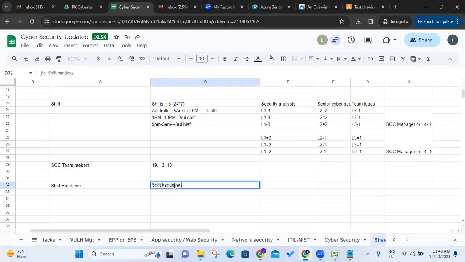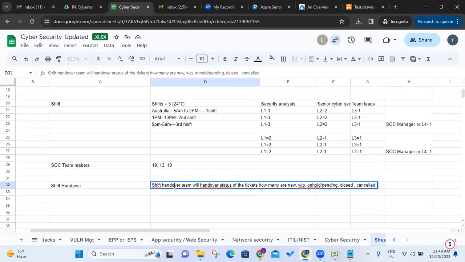The shift handover team will hand over the status of the tickets: how many are new, work in progress, on hold or pending, closed, cancelled, and escalated.